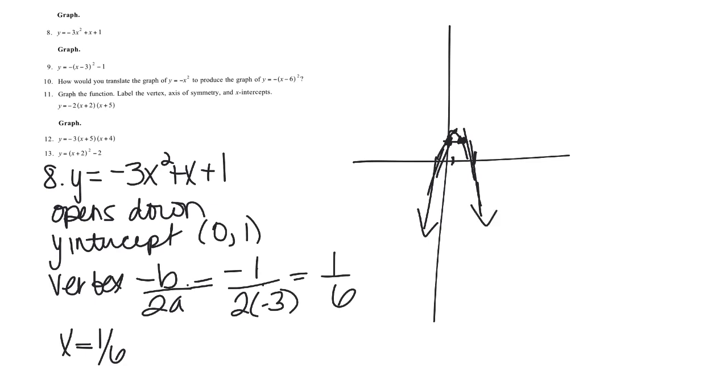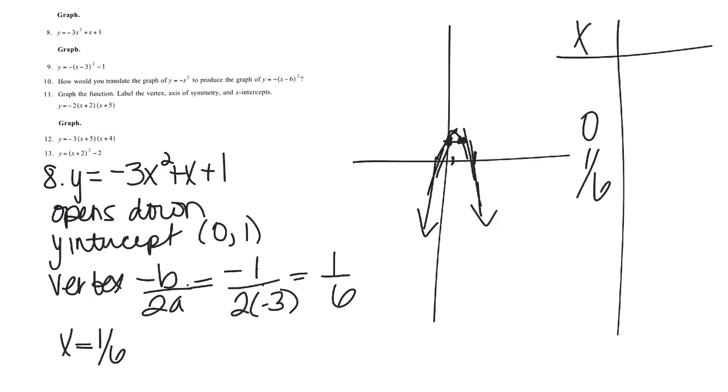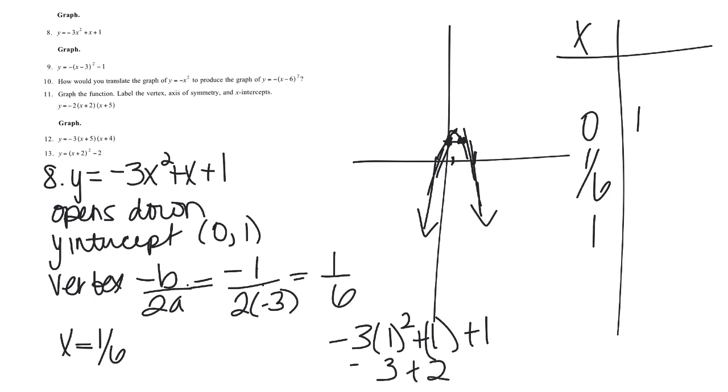If I want to make a table, I can. I have 1/6 in the middle. I know it's (0, 1). I can plug in 1: -3 times 1 squared plus 1 plus 1. That's -3 plus 2, which is -1.